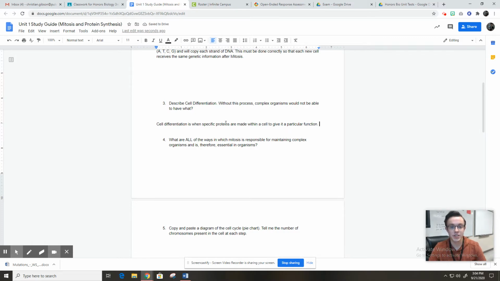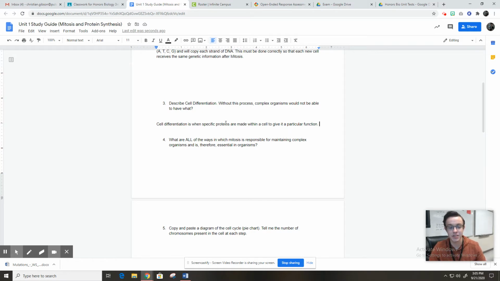So, for example, your red blood cells need the protein hemoglobin, but your skin cells don't need to make the protein hemoglobin because their job is not to carry oxygen through your bloodstream. So, while your skin cells have that information in their genes, all your cells have the same DNA, it's not going to read the genes for hemoglobin, and it's not going to make the protein hemoglobin. So cell differentiation is where we make specific proteins to give cells their special jobs or a particular function.